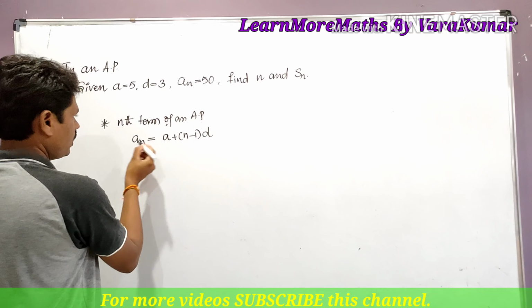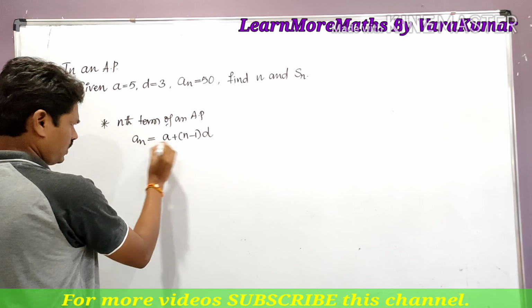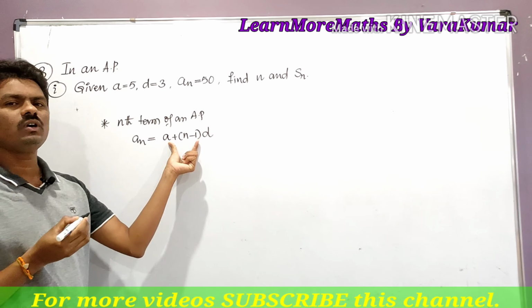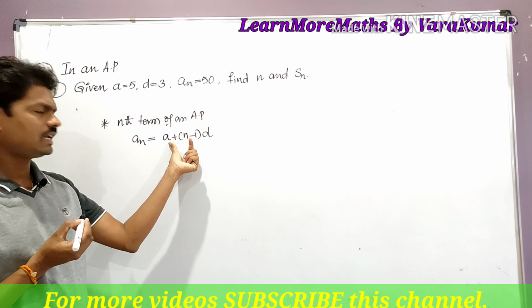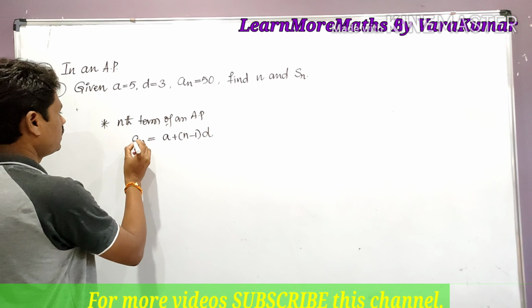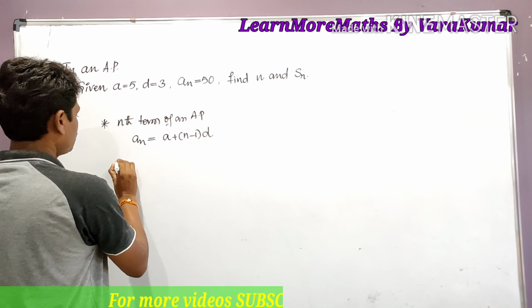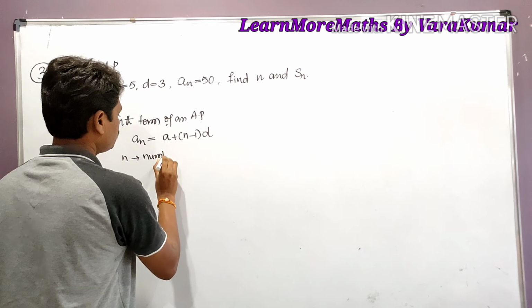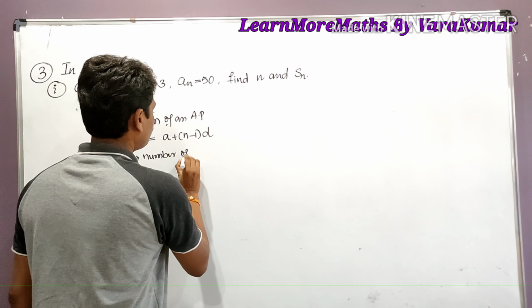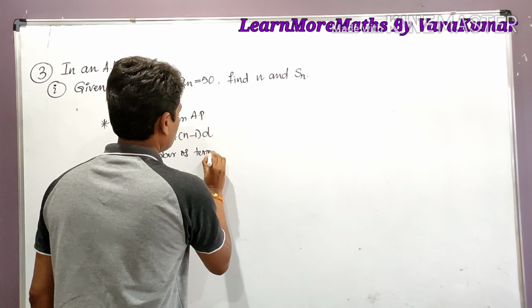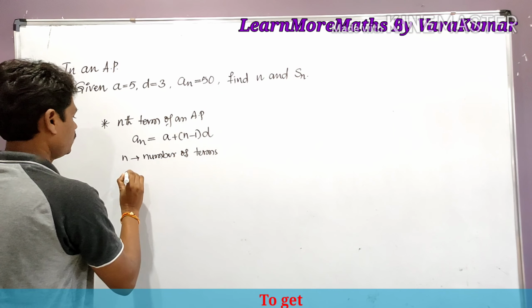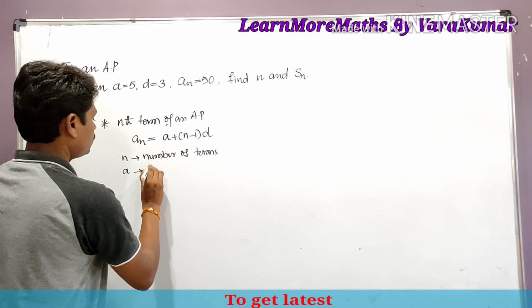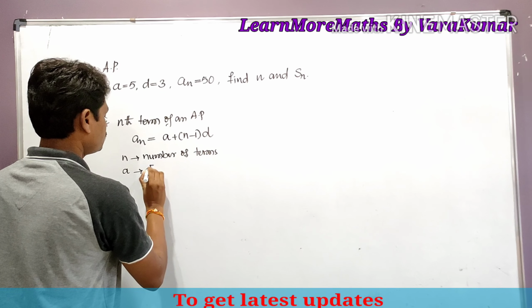In this you have to learn what the letters involved in the formula are. You must have a very clear idea. Here an is the nth term, and n denotes the number of terms. a is the first term, student.